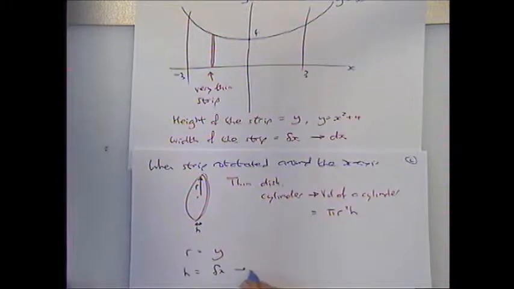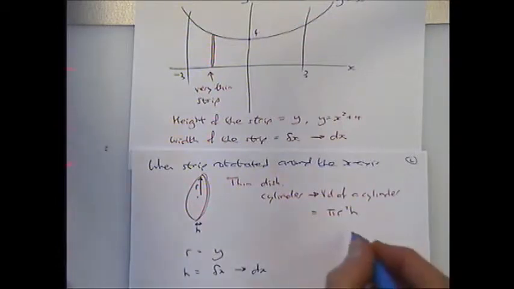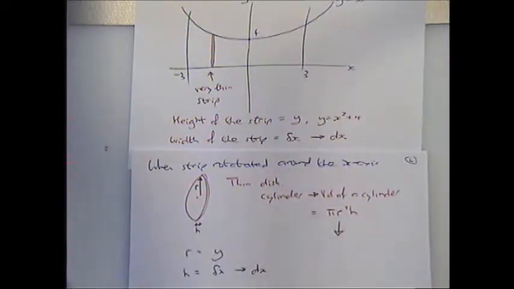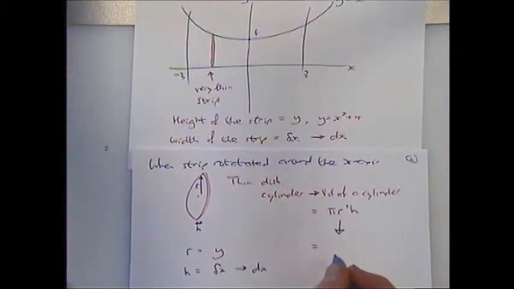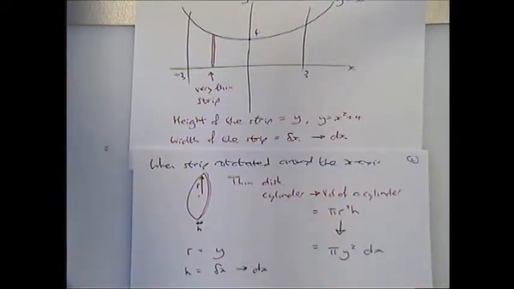It's the delta x which goes to be the dx. So, what will the volume be if I now rewrite this volume formula over here in terms of what is over here? How can I rewrite that? Pi y squared dx. Yep, that's right.